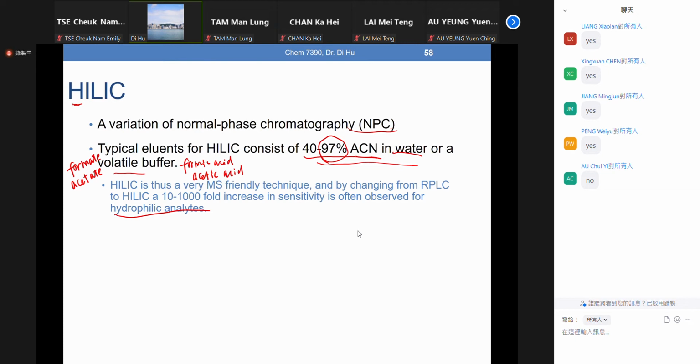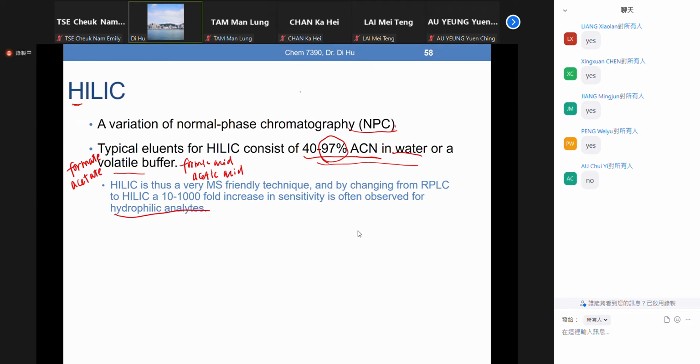Really hydrophilic analytes actually have very poor solubility in the mobile phase of NPC. But for HILIC, it uses ACN in water with some buffer, which makes it quite a good mobile phase.